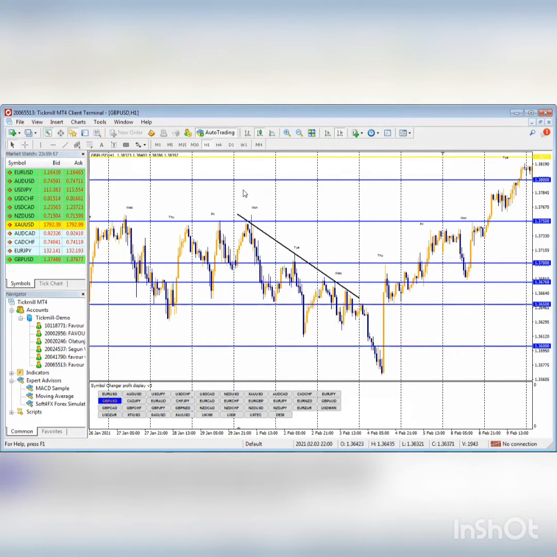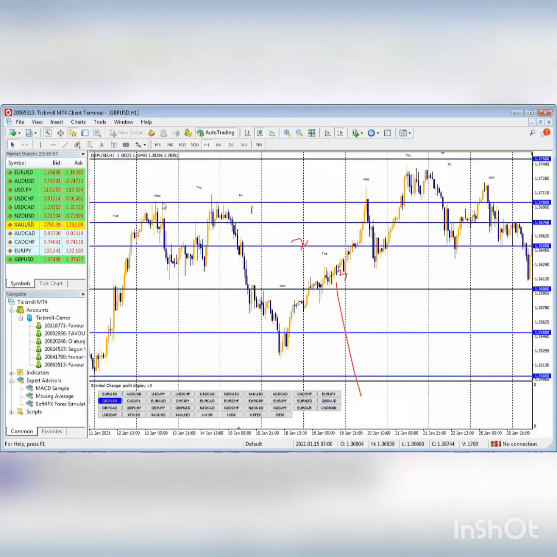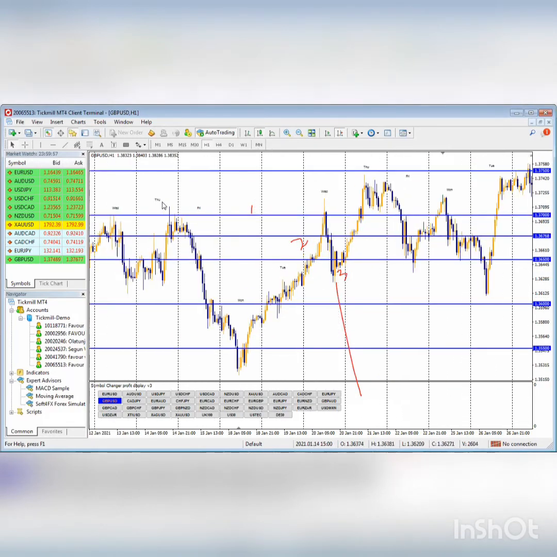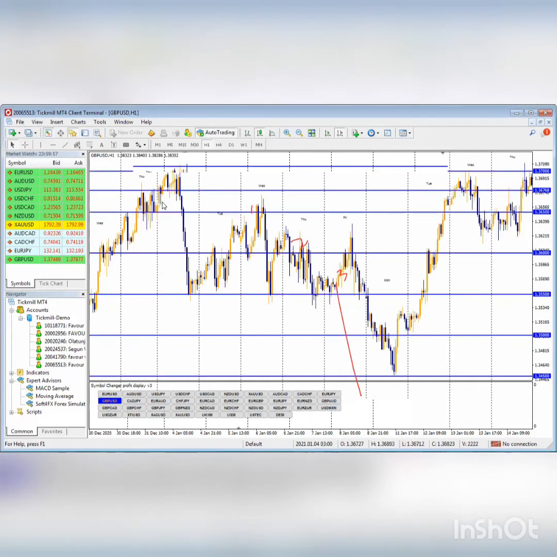So guys, we drew from here. We had the first peak, the second peak, the third. Boom. I hope we are really getting this. So basically, this is how to draw a trend line. We connect the tops and the bottoms, you understand? Once it's three, then we are good to go. And we are not forcing anything, guys.